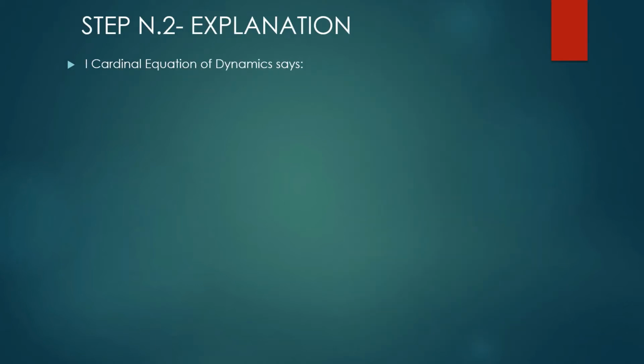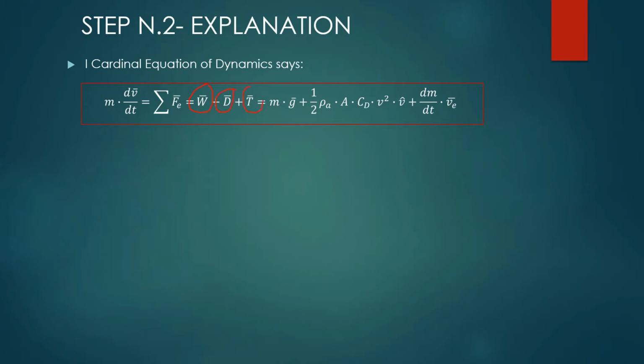We now need to use a few different equations to describe the rocket flight. First, the cardinal equation of dynamics applied to the whole body. It says mass times acceleration equals the sum of the external forces. And which are the forces? We have the weight, the drag, and the thrust.